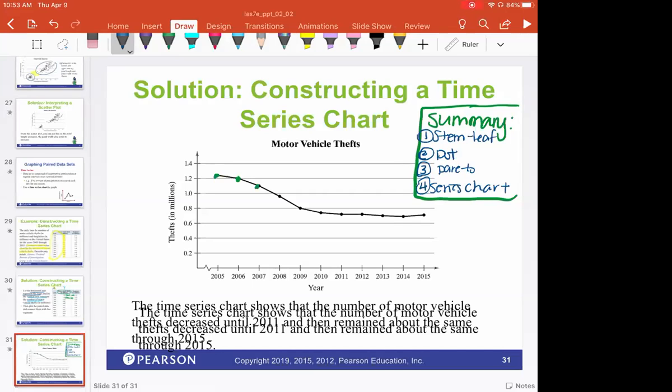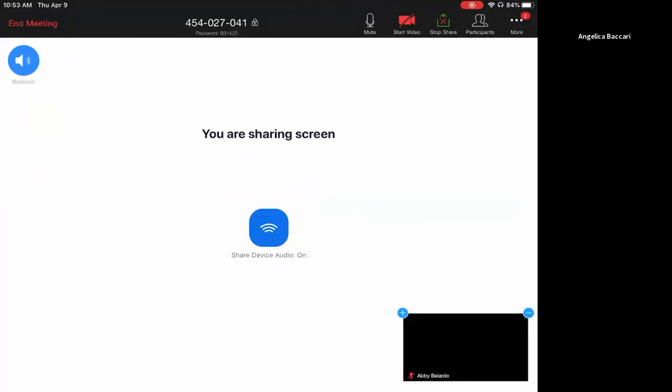Now, if I'm being truly honest, none of the graphs that you saw here, you're not going to be seeing them every single day in your stats class. You'll see them kind of a lot in the beginning, and then maybe at the very end, you might start seeing a couple of time series charts. But just to be able to know them and know how they work will save you trouble when you see that type of chart, to be like, okay, what is it telling me? The whole purpose of a chart is so that once you have some information, you can provide a summary and give your reader some type of visualization of what you found. That's the whole purpose of a chart.